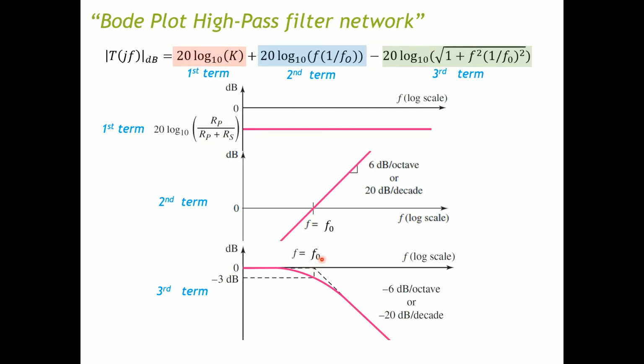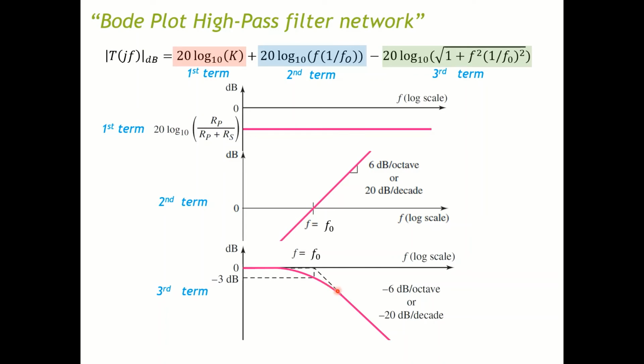If you do the math and plug in f naught, cancel out the terms, what you have is a square root of 2 inside, right? You finish off that math, and you actually calculate that at f equal f naught, your function becomes negative 3 dB. So at f equal f naught, the transfer function becomes 3 dB less than 0.